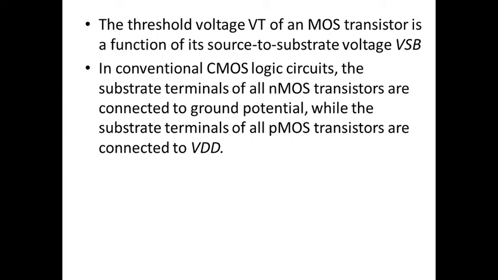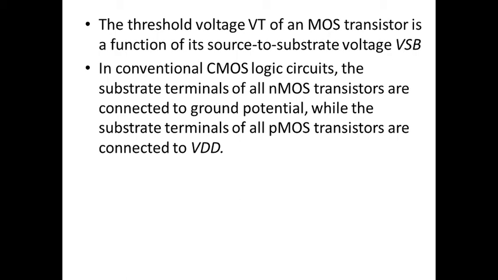That means, if you connect the source of an NMOS transistor to ground and the substrate is also at ground potential, then the voltage that develops between source and substrate will be equal to 0. When this happens, there is no substrate bias effect and there is no change in the threshold voltage of the NMOS transistor.